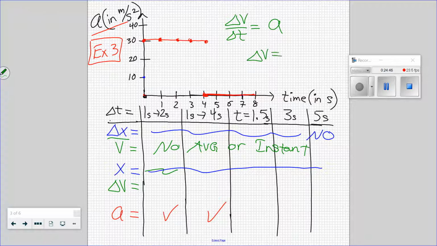So you actually could, between 1 and 2, I could say I must have gained 30 meters per second of velocity, because there's a box there that's an area of 30 in meters per second squared times seconds. From 1 to 4, that box has 30 and it's 3 across, so that's plus 90.